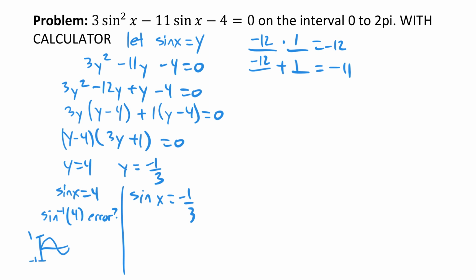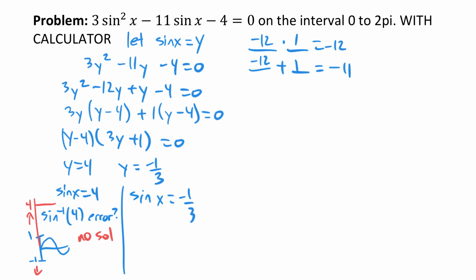So sine x equals 4 is sort of like saying, where does the sine graph equal 4 on this, right? Imagine 4 up here. Does it ever get to 4? The answer is obviously no. So if you ever have a number bigger than 1, or anything less than negative 1, you're going to get no solution.